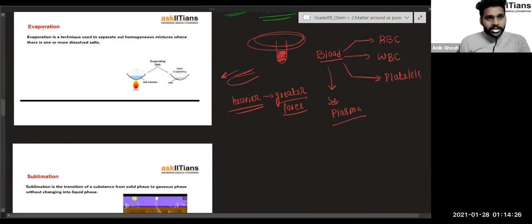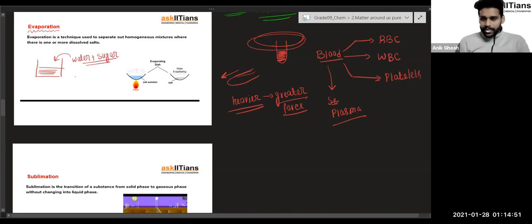Now the next process is evaporation. Where do we use this process? Think about it. If you have a beaker where you have mixed water and sugar, which type of solution is this?